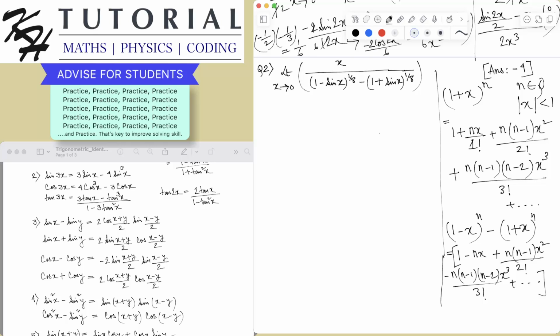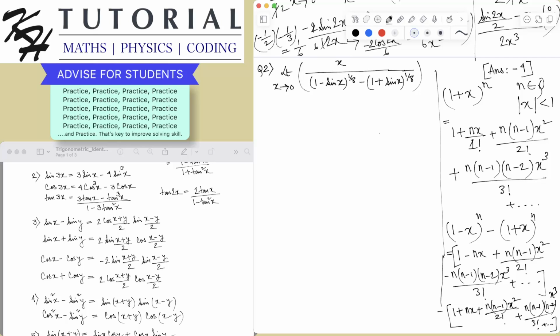And then (1 plus x) whole to the power n is 1 plus nx plus n into n minus 1 x square by 2 factorial plus n into n minus 1 into n minus 2 x cube by 3 factorial, and so on.